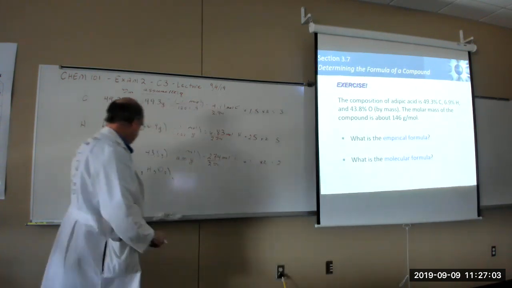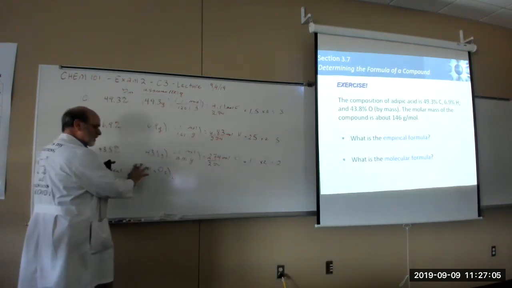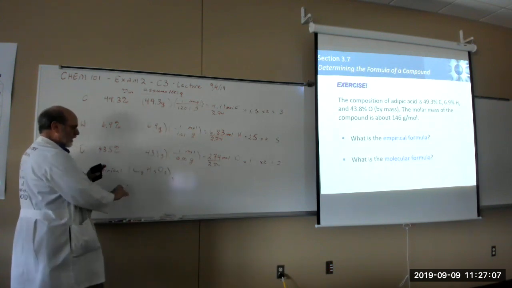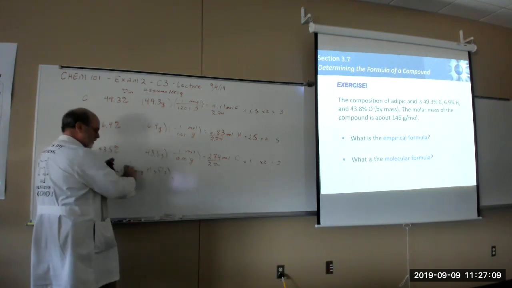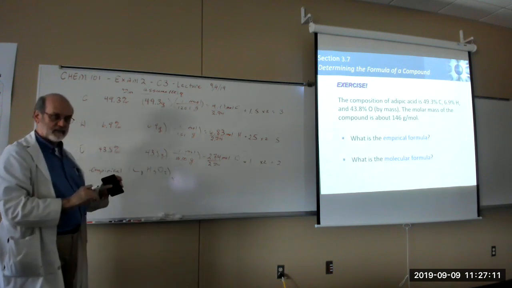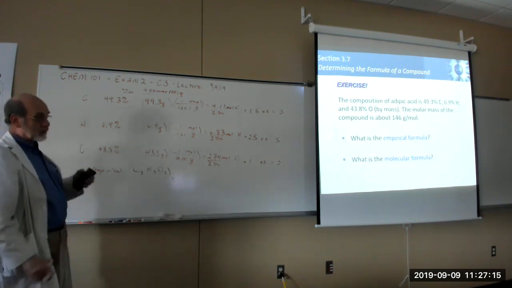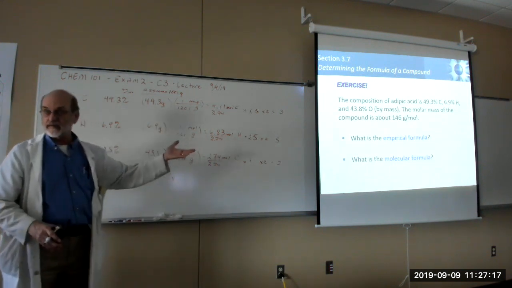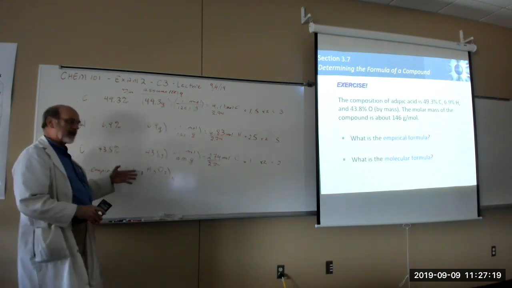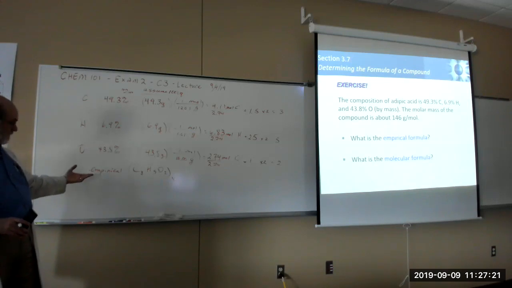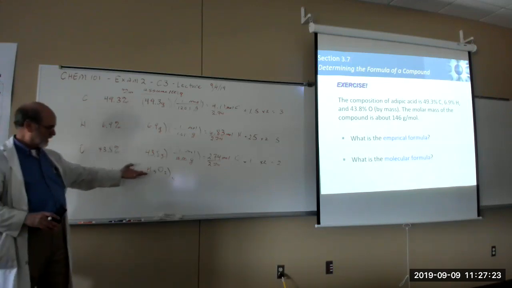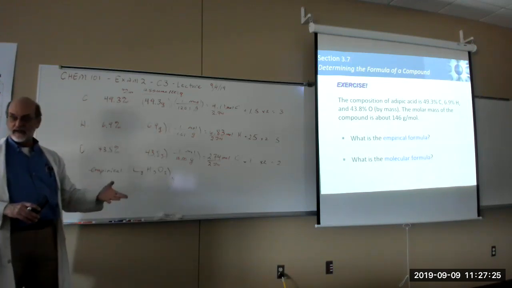Okay? So we know how to get the formula weight from our information, but we don't have the formula weight yet. Well, we do have the formula weight, 146. But from this, we could get an empirical weight, right? What's the weight of just that? And compare the two.